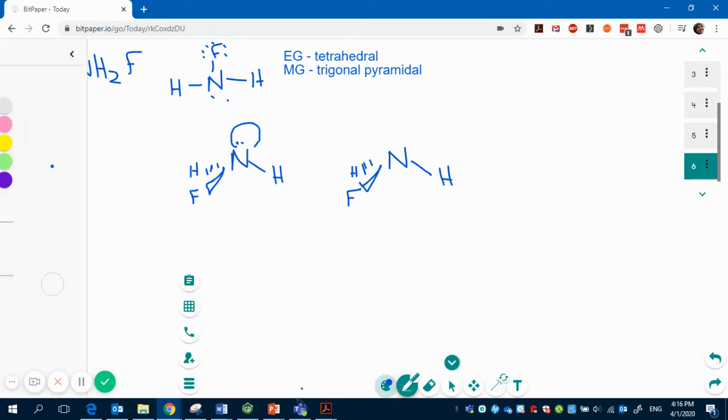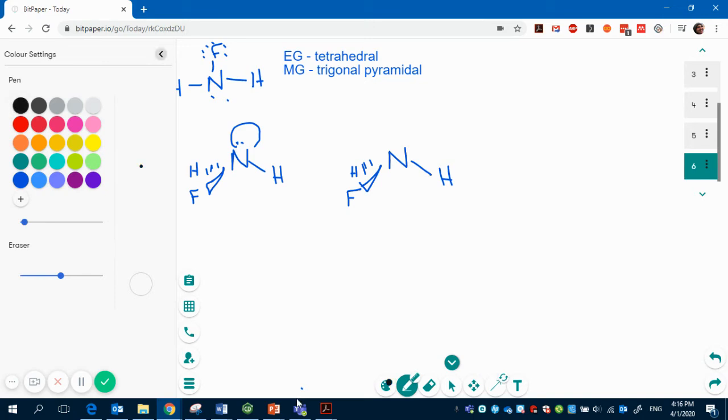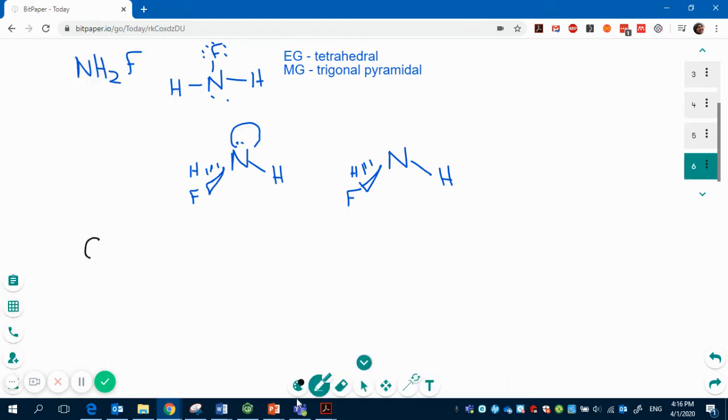CCl4 is really the same as CH4, rather. So the Lewis diagram is going to look like this. Oh, forgot some.